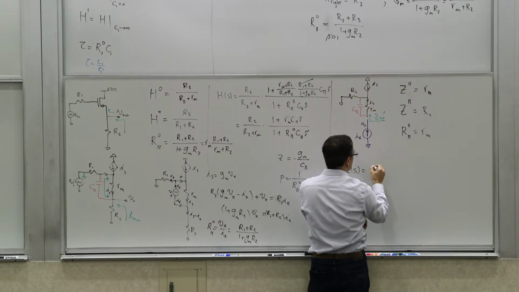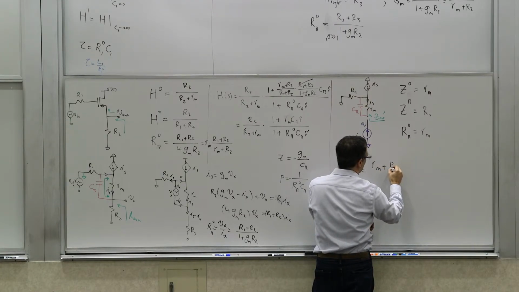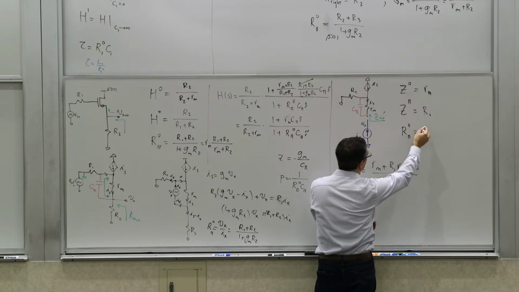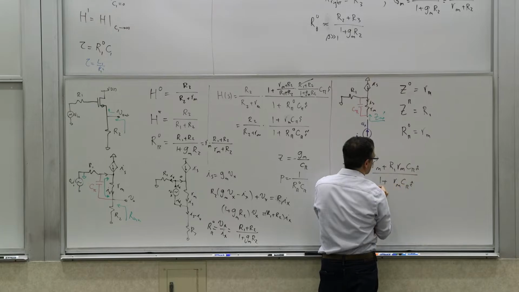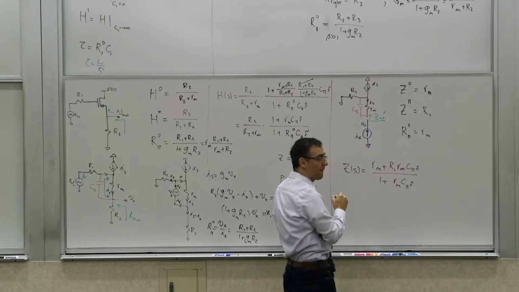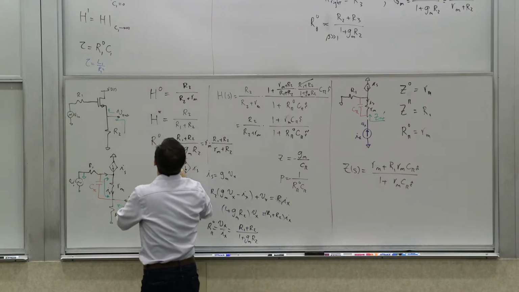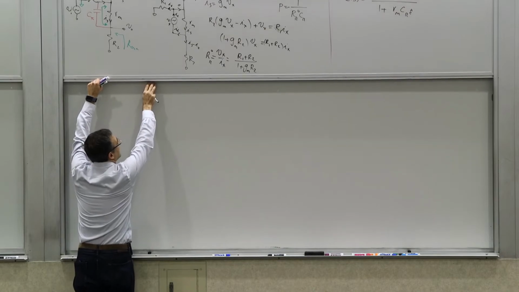Well, it is (Rm plus R1) times (1 plus Rm R1 C pi S) divided by (1 plus Rm C pi S), right? Look at that equation if it's challenging.